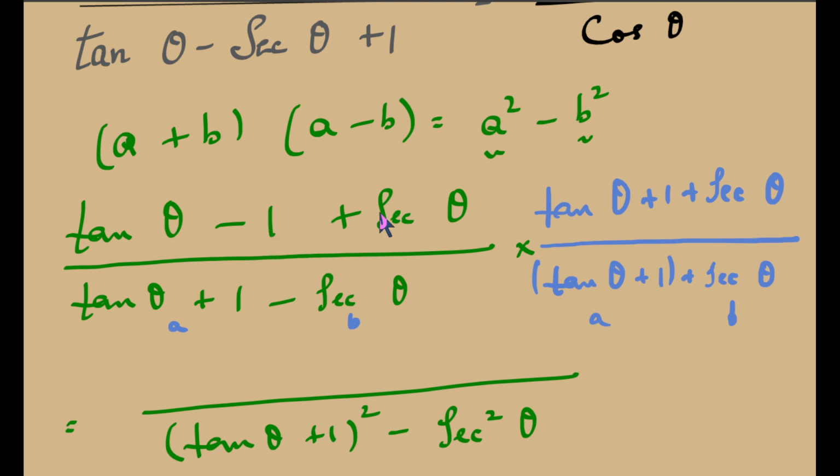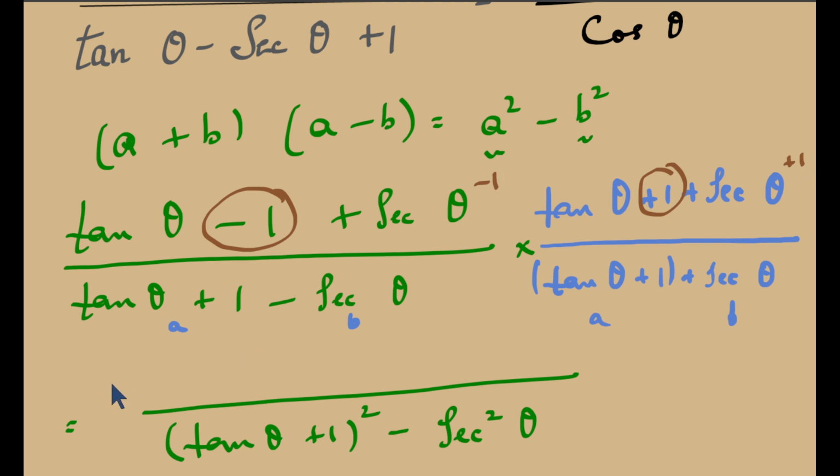But if you can once again rearrange this, in the sense, if I shift the minus 1 here and this plus 1 is written here, if the addition is commutative, we can always rearrange things. So now if you rewrite it in that way, we will have tan theta plus secant theta as A and 1 as B, right?